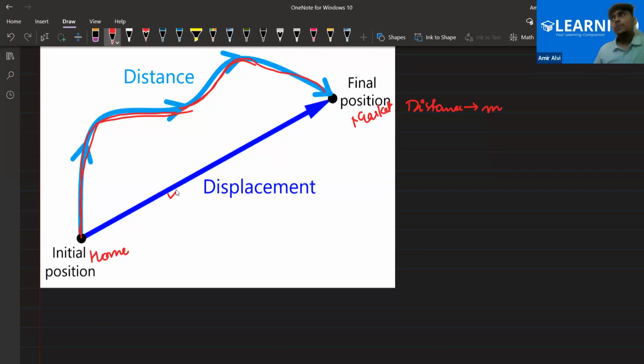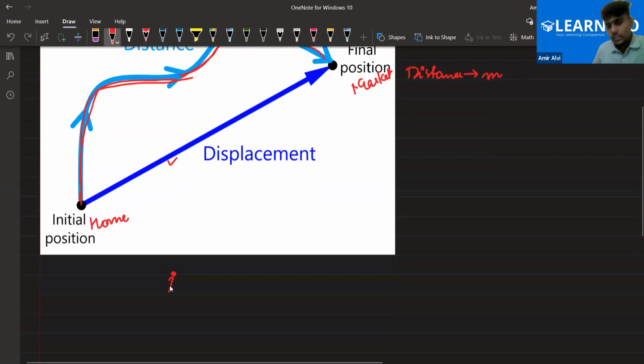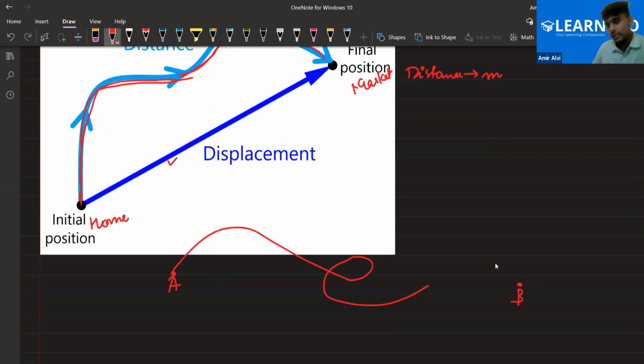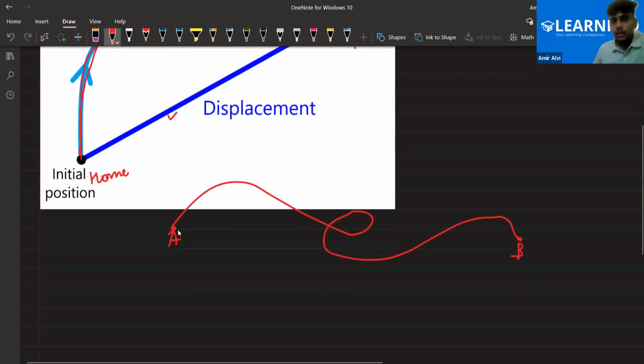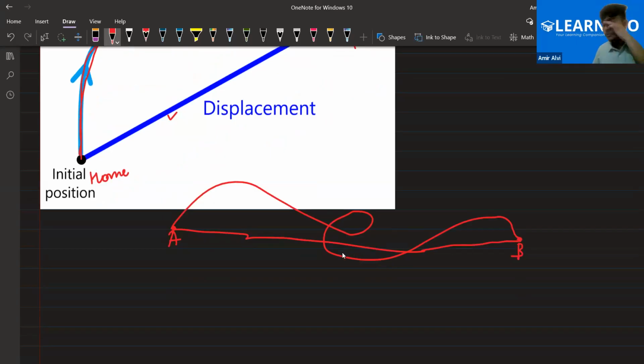So for the displacement part, let's take an example. This is point A. This is point B. This is like the path. And one path is there which is directly connecting. It's a straight line. Sorry for my bad drawing. So it's connecting directly. So displacement in simple words is the shortcut distance.